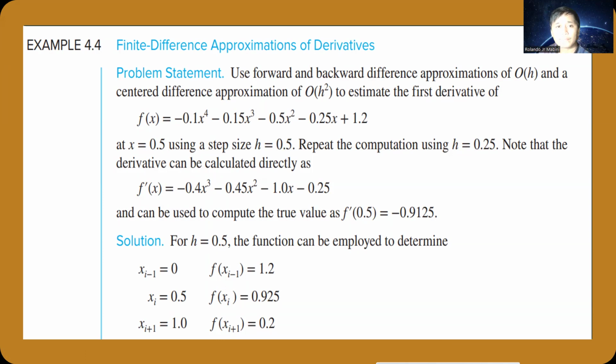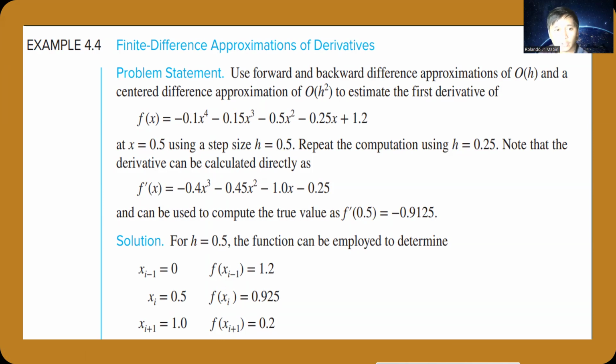This is the original problem actually: use the forward and backward difference approximation with O of h and a center difference approximation of O of h squared to estimate the first derivative.